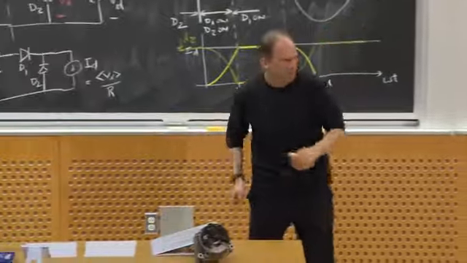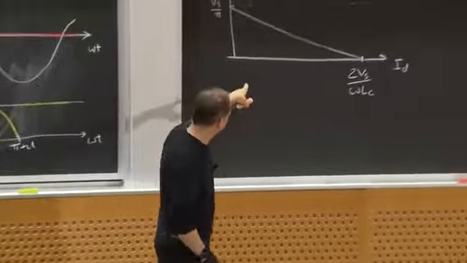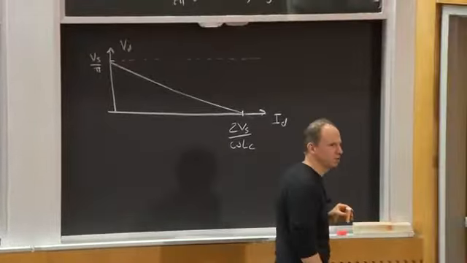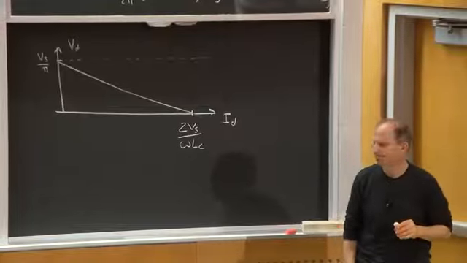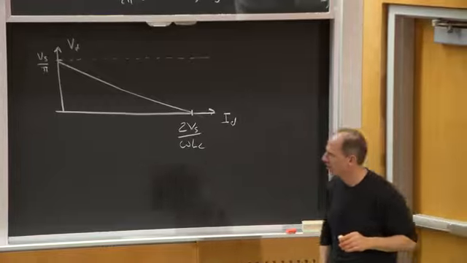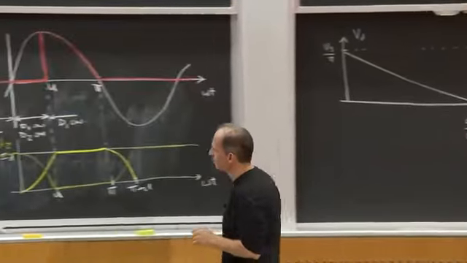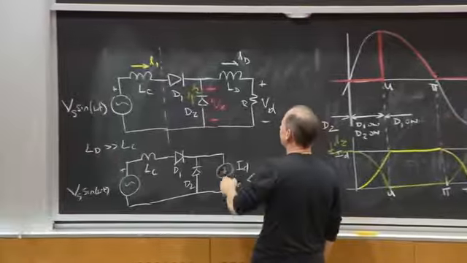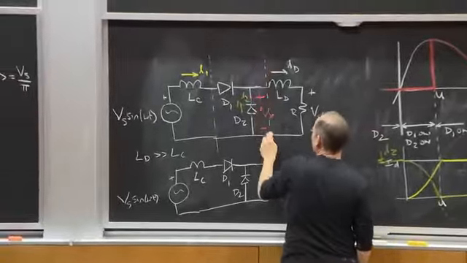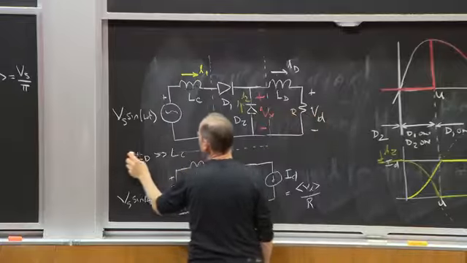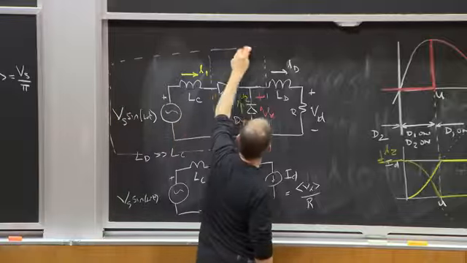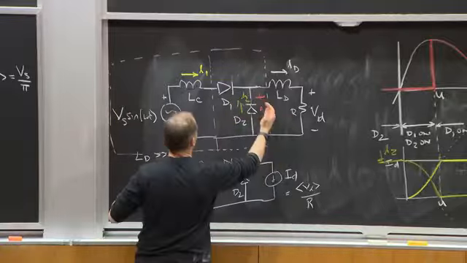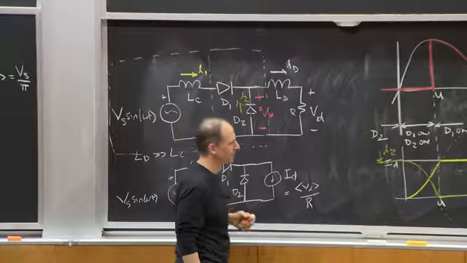Okay, how would I model this, right? What would be the DC equivalent circuit model of this thing? Well, if I wanted to think about everything over here in an average sense, like what is the IV characteristic looking back here?